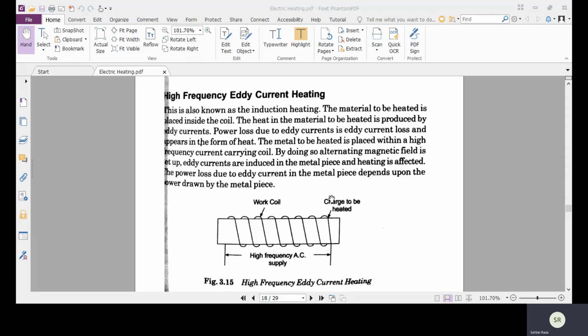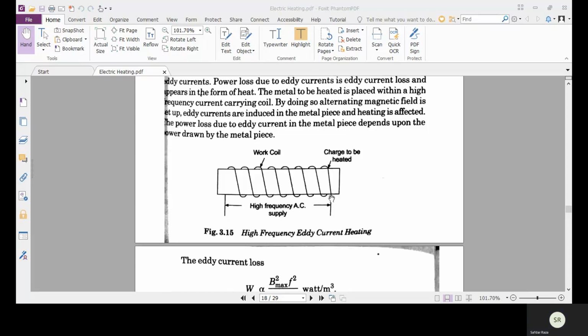The metal to be heated is placed within a high frequency current carrying coil as shown in figure 3.15. It is basically the high frequency coil.